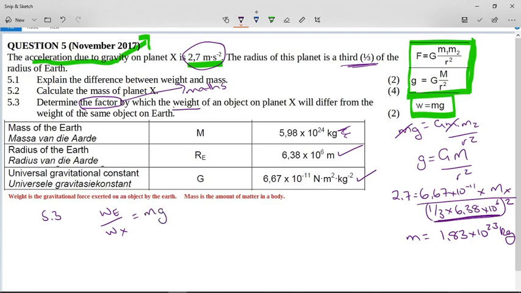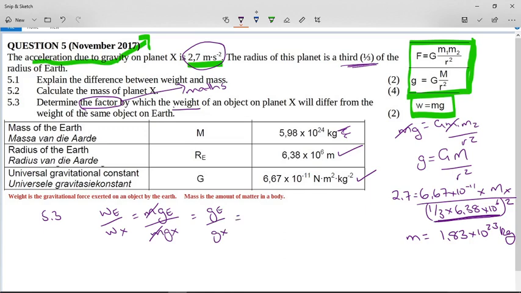So this is mass times the acceleration due to gravity on Earth over mass times the acceleration due to gravity on planet X. Now, the mass of the particles on Earth and the mass of the particles on planet X is exactly the same. So those two cancel each other, and I'm left with the acceleration due to gravity on Earth over the acceleration due to gravity on planet X.